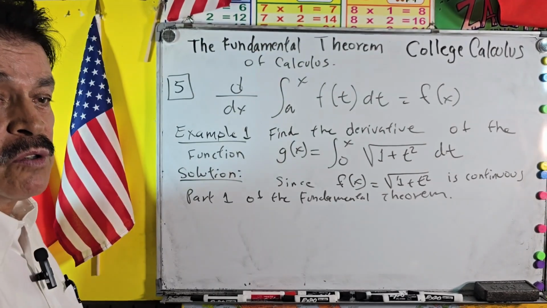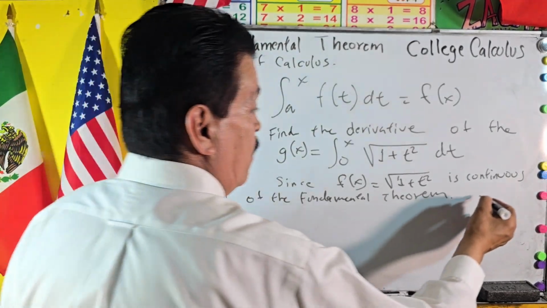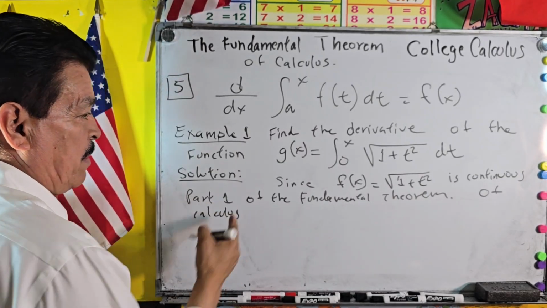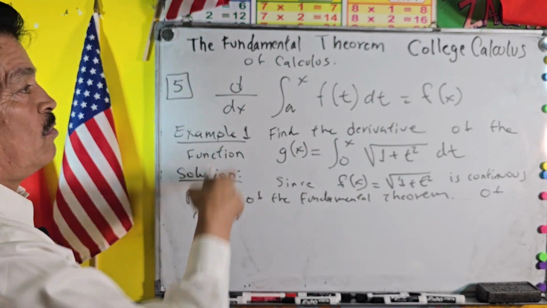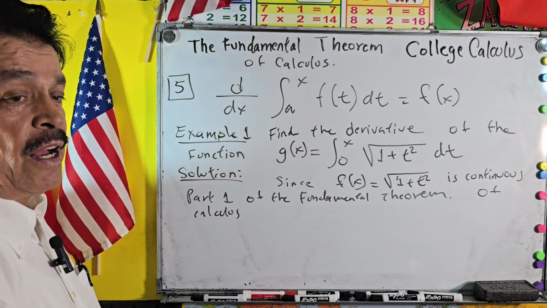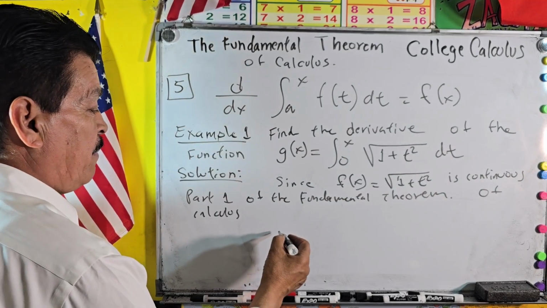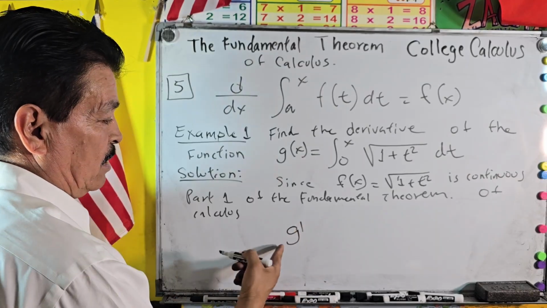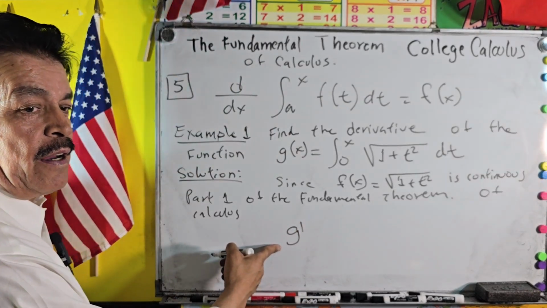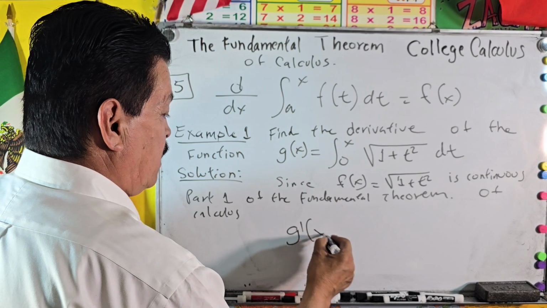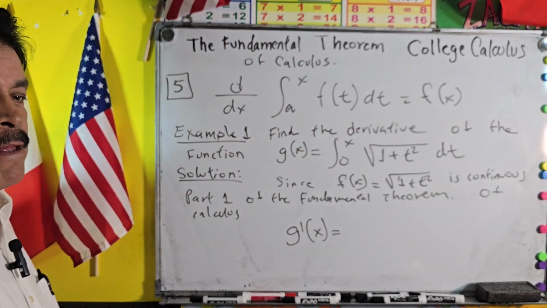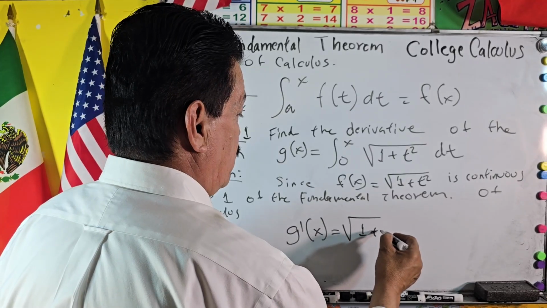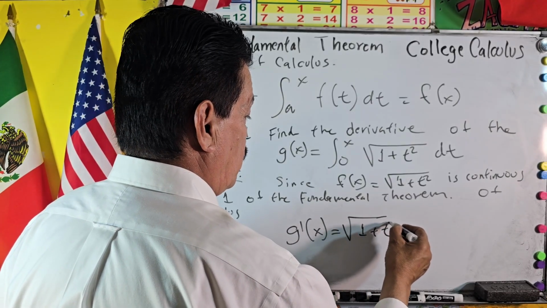Okay, this is the reason of calculus. So this is part 1 of the fundamental theorem of the calculus that I explained before. So we have the conclusion of the problem. The solution is g prime, because this is the derivative, of x equals the square root of 1 plus t to the second power.